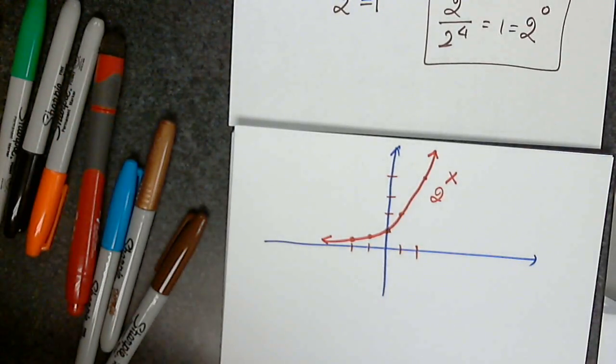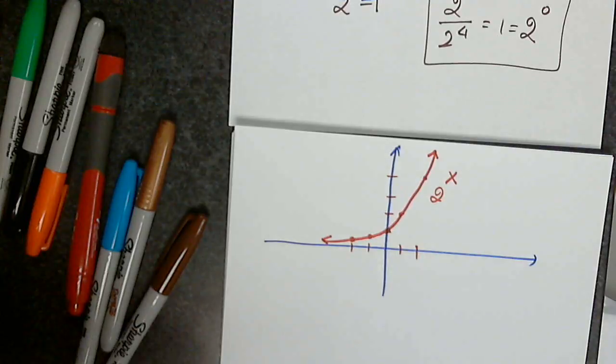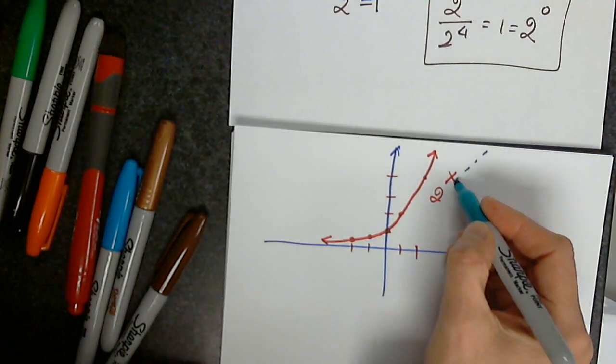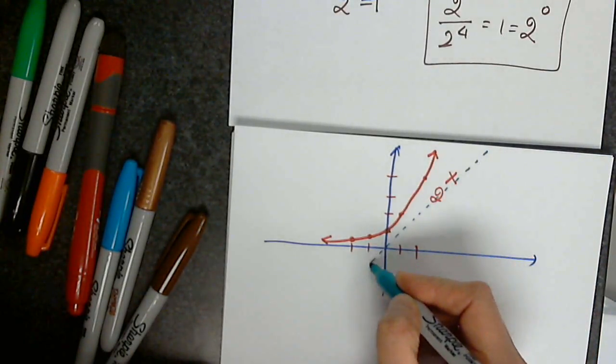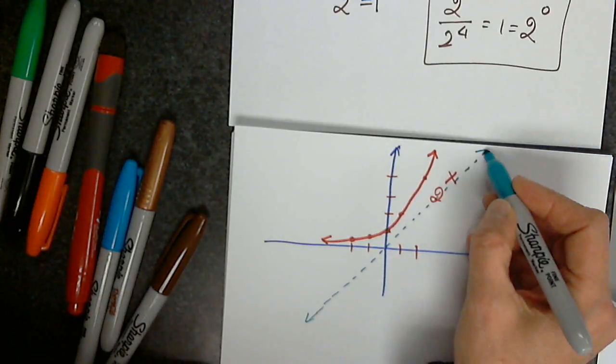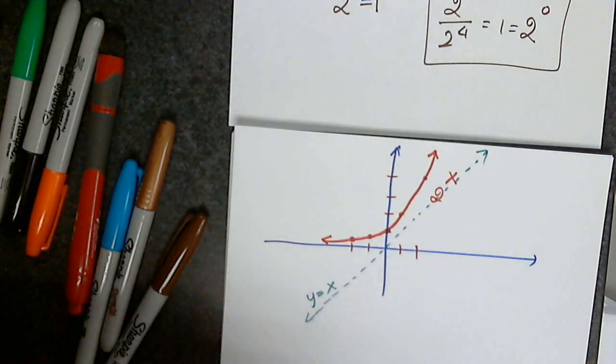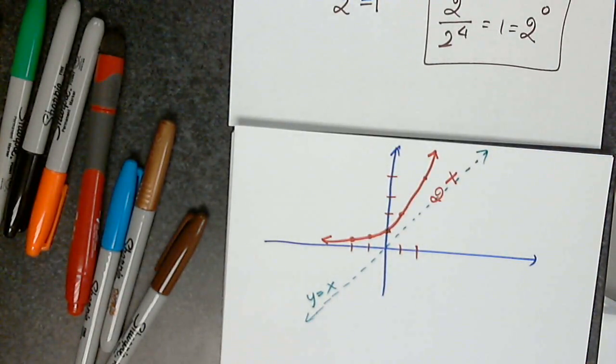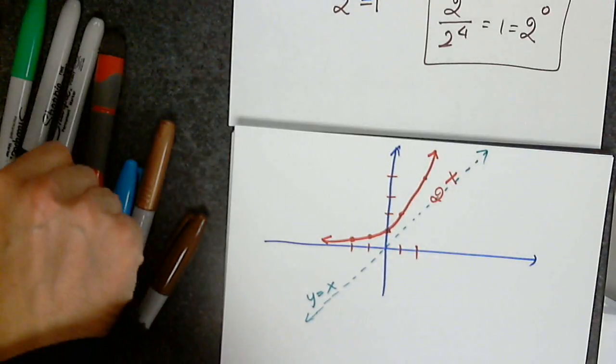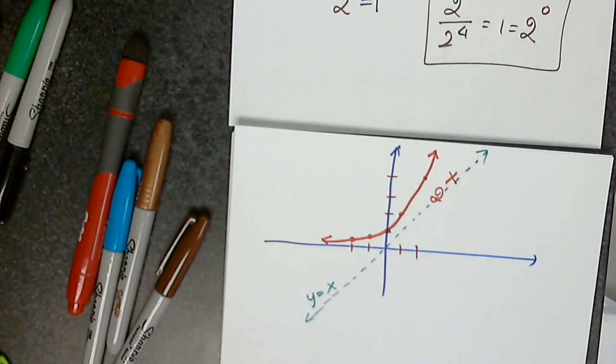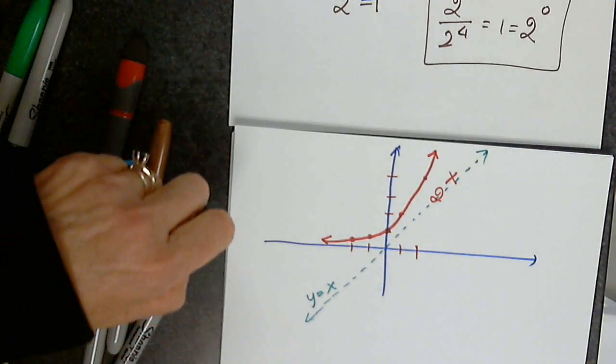Is this function 1 to 1? Yeah. Then it has an inverse function. I don't even know what the inverse function is all about, but I can graph it. Can you please give me a couple of points that will help me graph the inverse function of 2 to the x? 1 and 0.